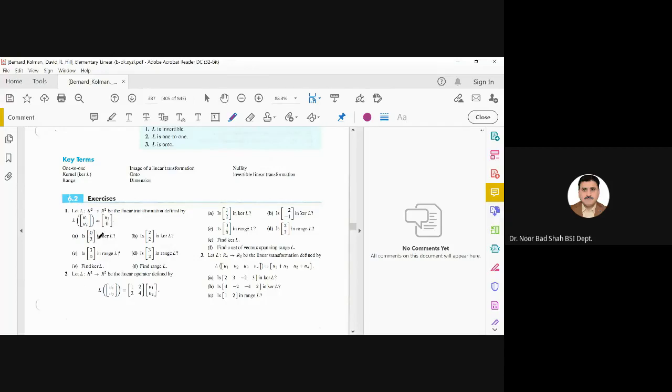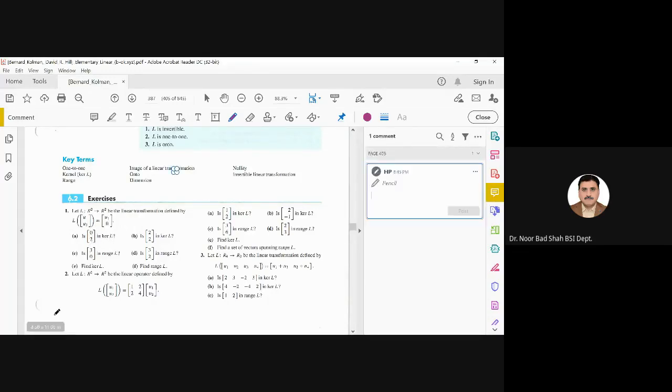Now any vector whose first component is 0 will belong to the kernel. In this case, the kernel of L will contain all vectors of the form (0, a), where a is any real number.